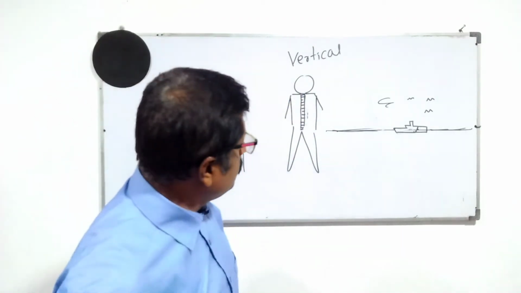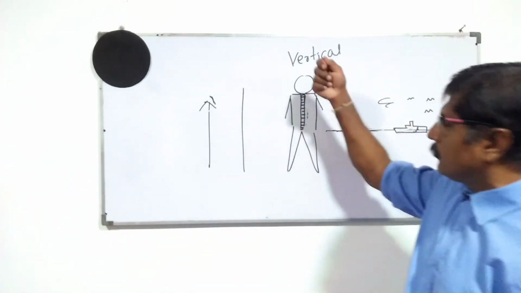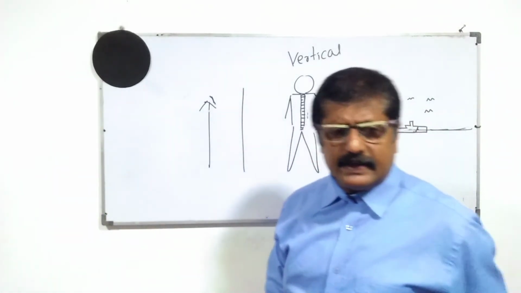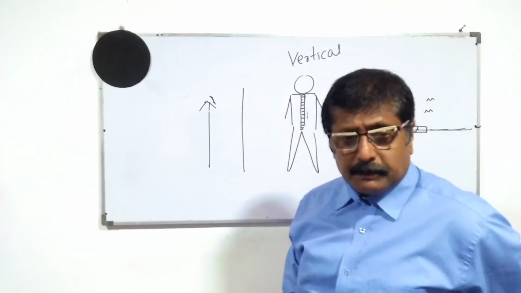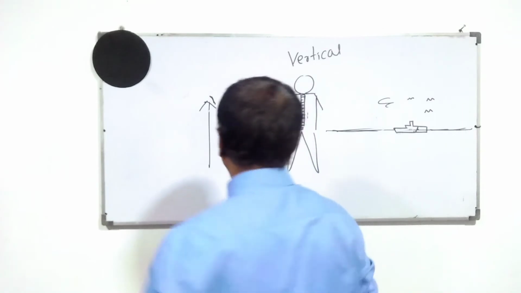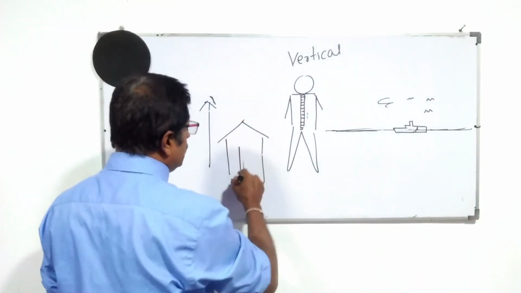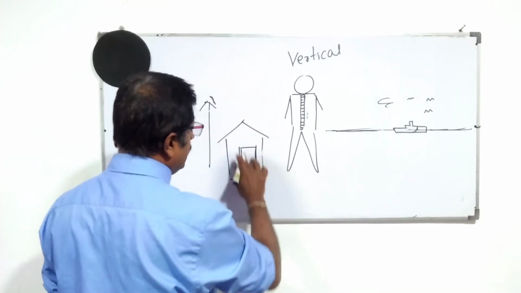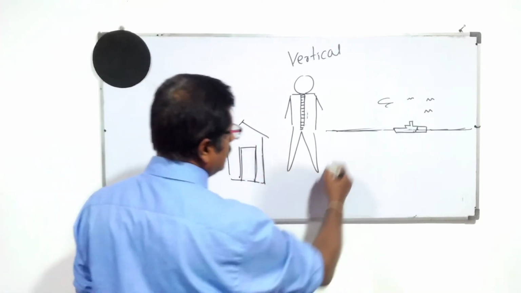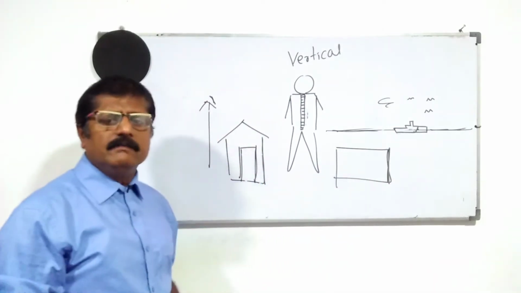Alright. Now, shall we discuss a few examples about vertical things? One thing is our vertebral column. A wall, like this, there is a house. The door frame, the edge of the wall, and this edge of the blackboard, they are vertical.